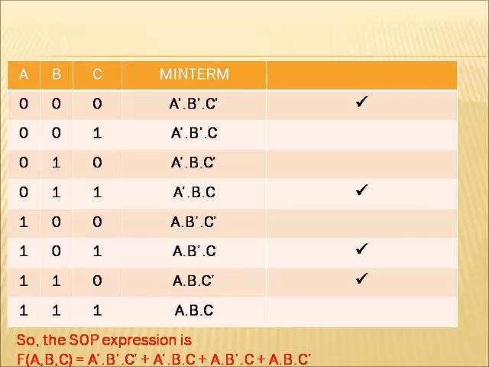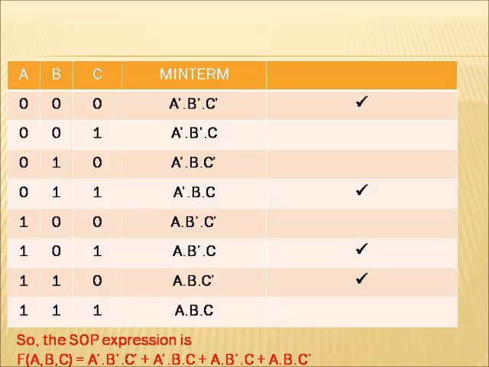Here also we can see that we are preparing the truth table and identifying the corresponding min term for the given set of values. So that is what we have done here. You can see that I have put a tick mark against a is equal to 0, b is equal to 0 and c is equal to 0.